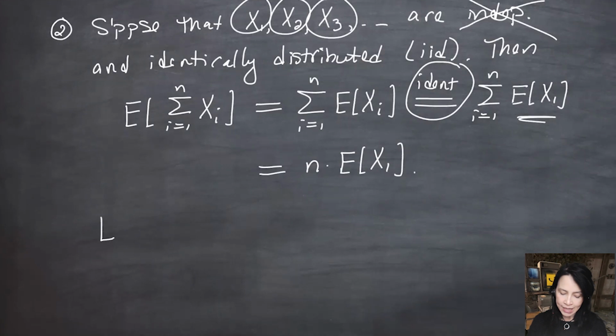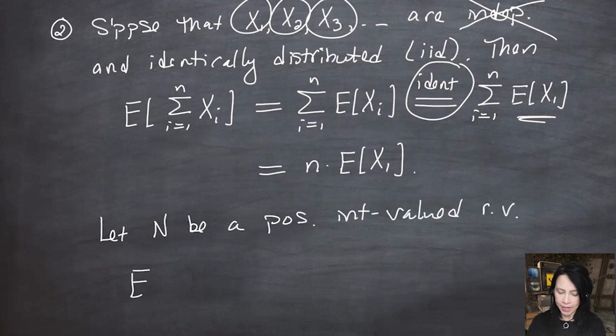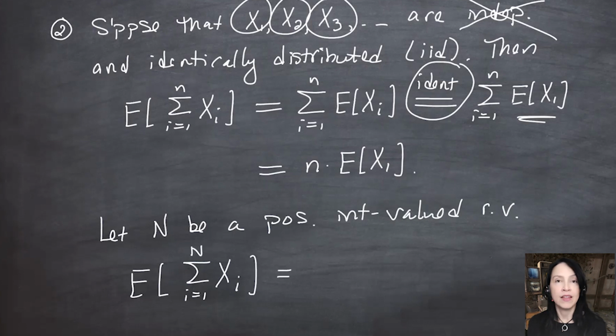And I'm going to let capital N be a positive integer valued random variable. And we're going to look at the expected value of the sum as i goes from 1 to capital N of x sub i. So we are summing up a random number of random things.